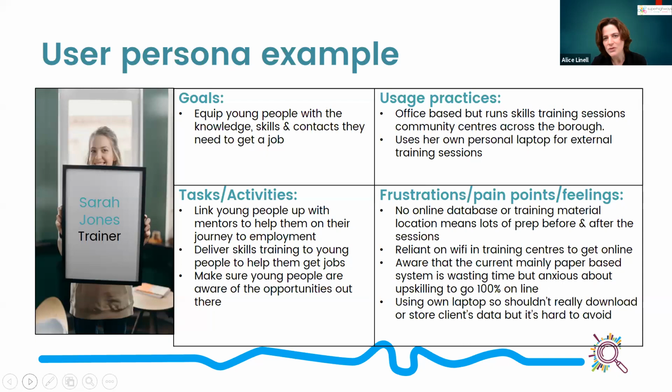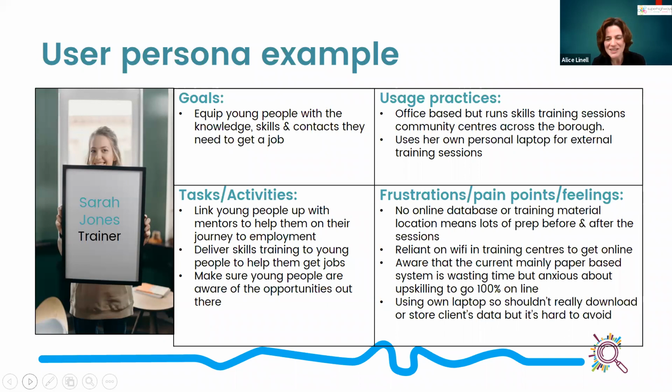And then you go on to frustrations, pain points, and how they feel about it all. This is really important, because you might find that people are very frustrated by something that's very easy to fix and maybe doesn't even require a huge, all singing, all dancing database.